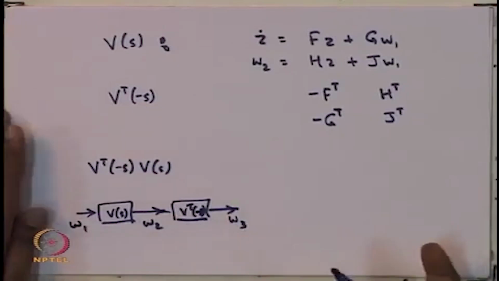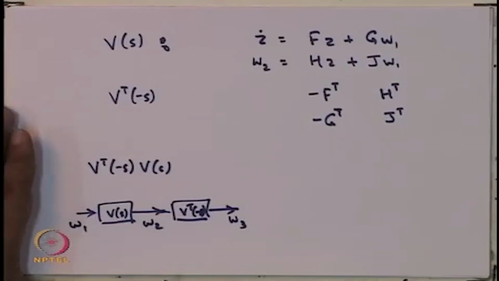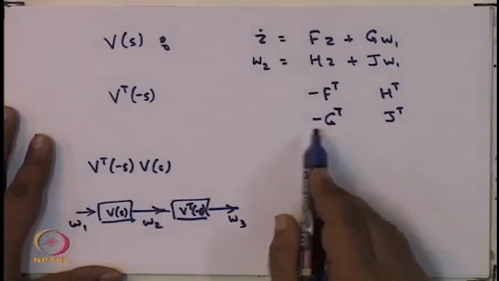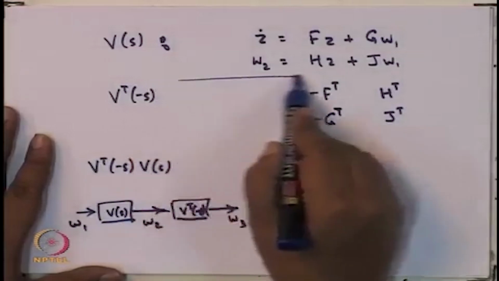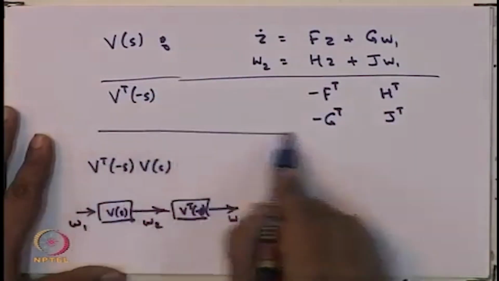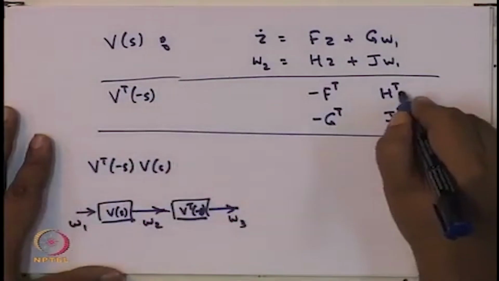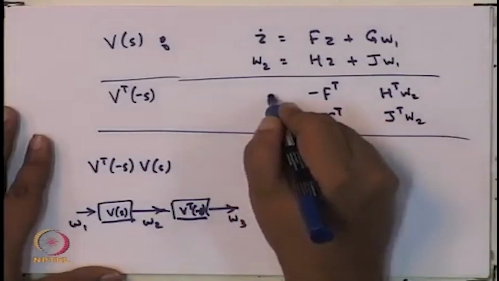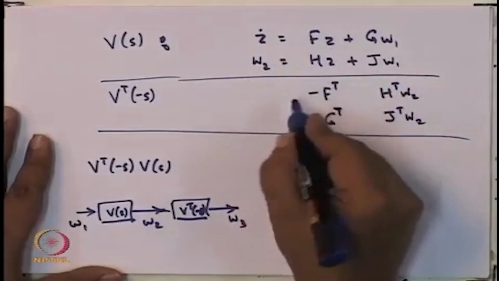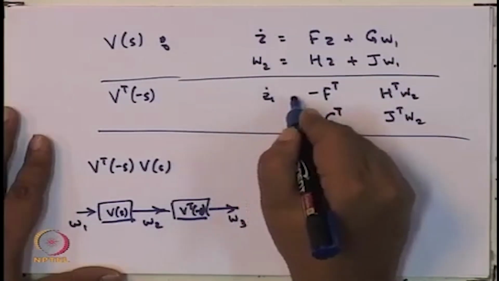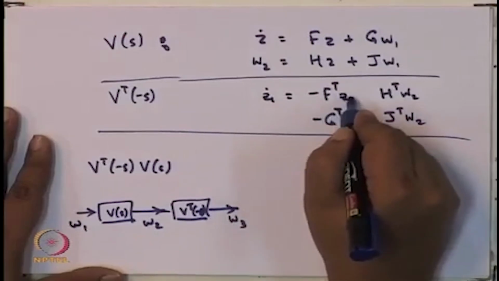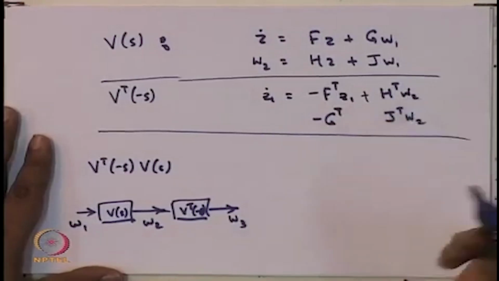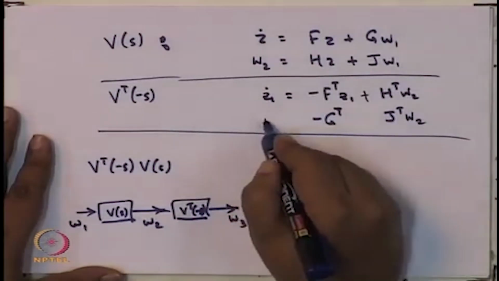So, it is a series connection if you think about it, and so I will use w2 as the input for the representation of V transpose of minus s. The state, which I had called z, let me call z1. So z1 dot equal to minus F transpose z1 plus H transpose w2, and the output, let me call it w3.